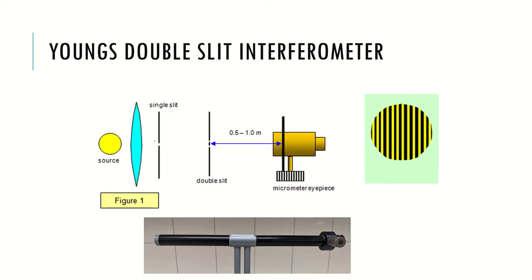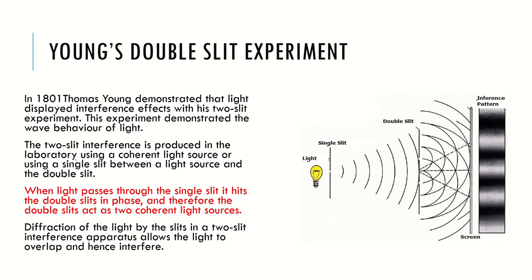Light was passed through the single slit, hit the double slit in phase, then diffracted and spread out, and on the eyepiece, he observed this interference pattern. And this could only have occurred if light was actually a wave that diffracted, spread out, and underwent constructive and destructive interference. So that demonstrated the wave behavior of light.